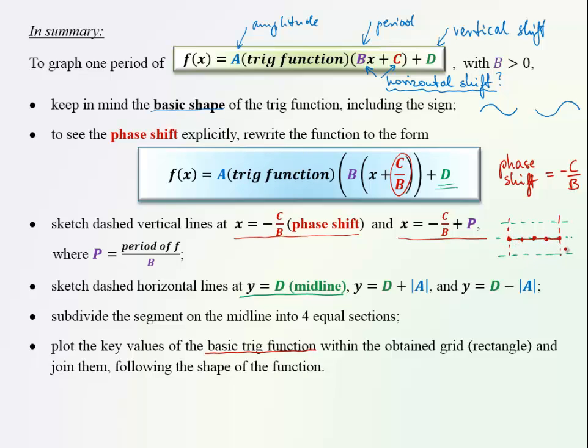And after we have them, join to get the shape of the function. So, for example, for regular sine, I would have to mark this point, that one, and that one, and then join it. So that's the way of graphing any trig function.